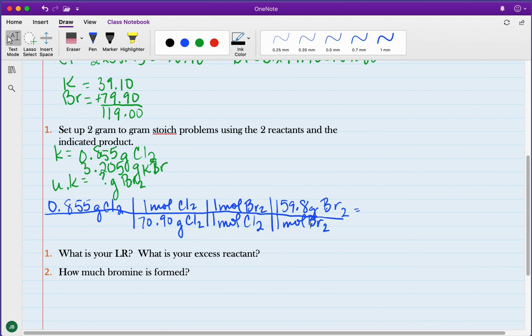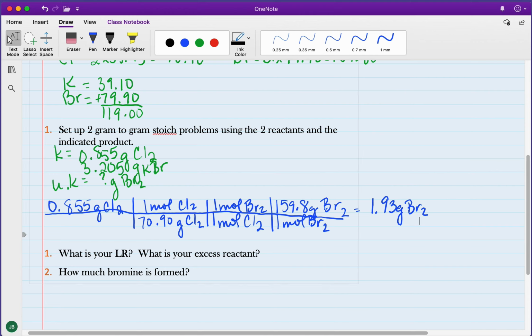All right, and once again, you're going to do lots of punching and crunching, and you should come up with 1.93 grams of bromine. Once again, we don't know if this is the right answer or not. We have to do that second stoichiometry problem, this time starting with potassium bromide going to bromine to determine what is the actual amount of bromine that can be made.